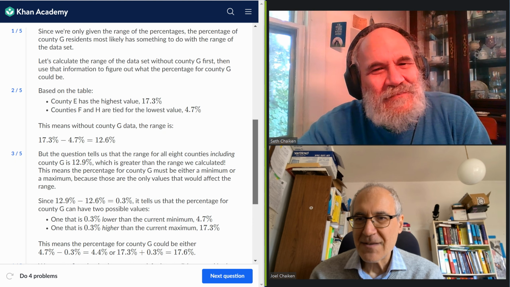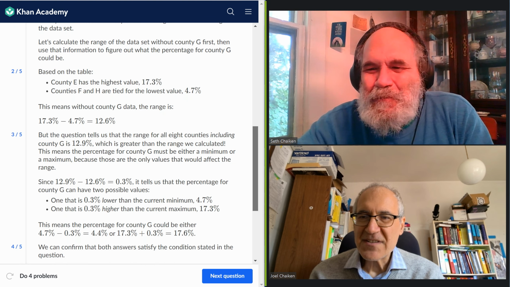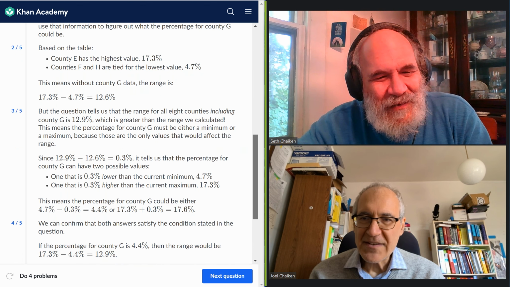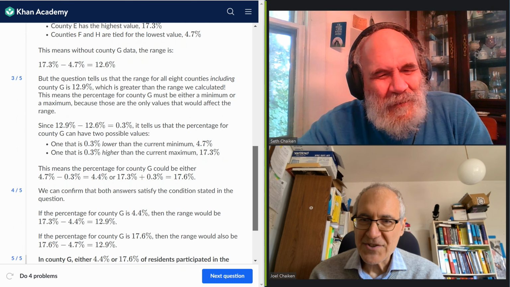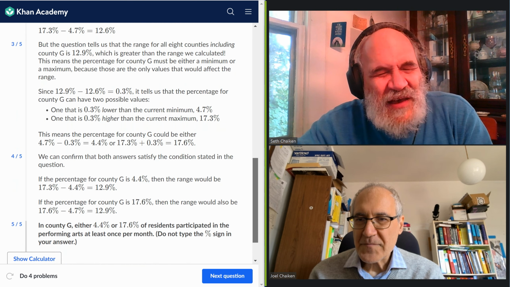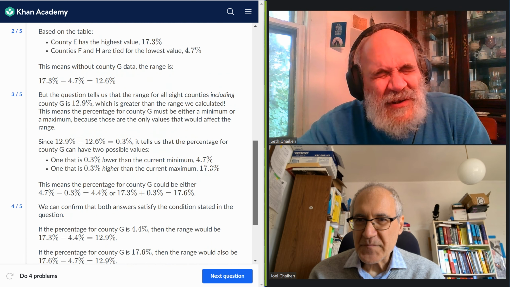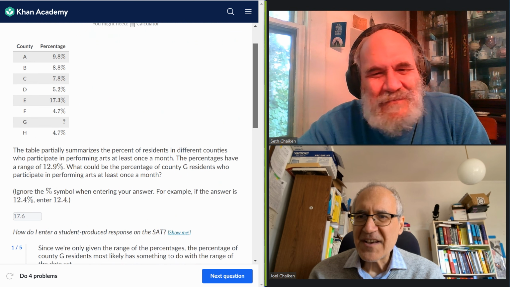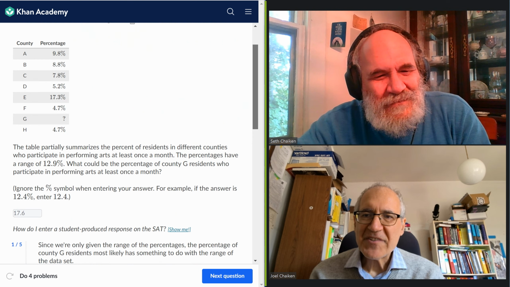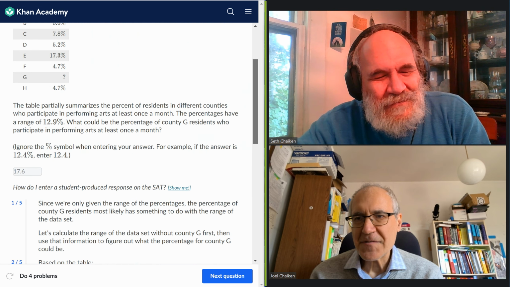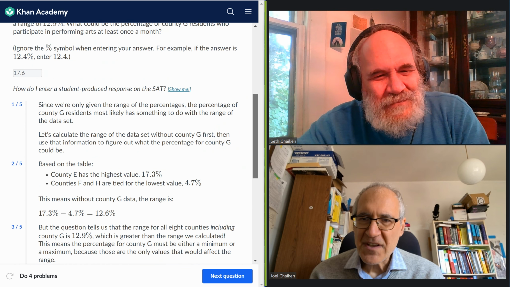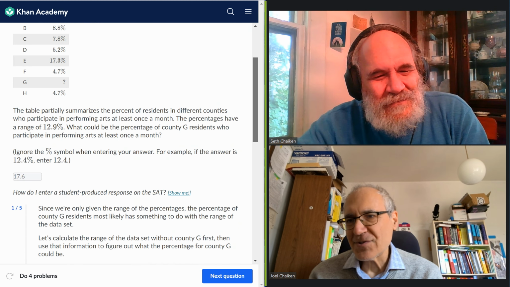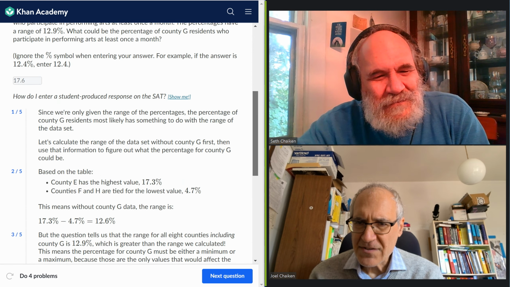Based on the table, E is the highest value and the lowest is 4.7. They're first comparing E and F to see whether the range is 12.9. It isn't.